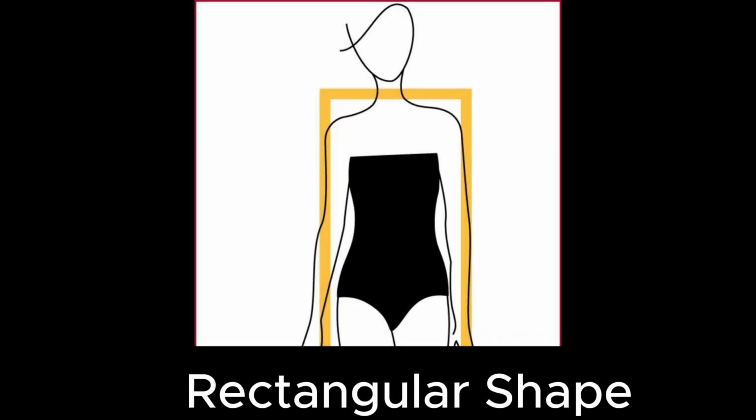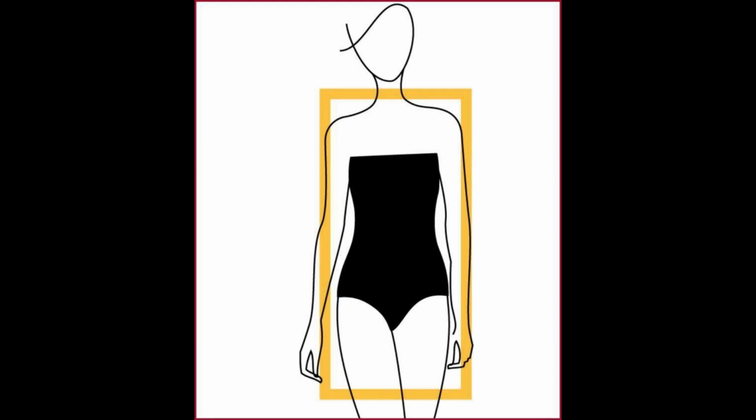The second body shape, it will be a rectangular body shape. This body shape is characterized by an athletic frame with minimal waist definition. So the hips and the bust and the waist relatively have the same measurement. This body shape is normally known for its lean but nicely shaped legs, small hips.